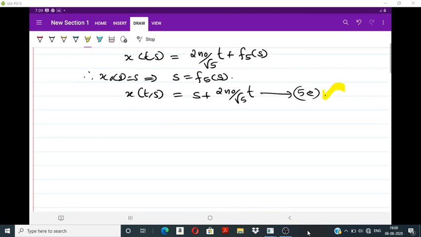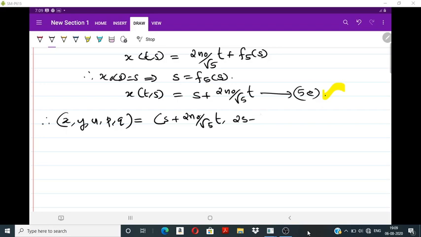Therefore the characteristic strip x, y, u, p, q is given by: x of t, s is s plus 2 n naught by root 5 t, and y of t, s is 2s minus n naught by root 5 t, and u of t, s is 1 plus 2 n naught square t, and p of t, s is 2 n naught by root 5, q of t, s is minus n naught by root 5.